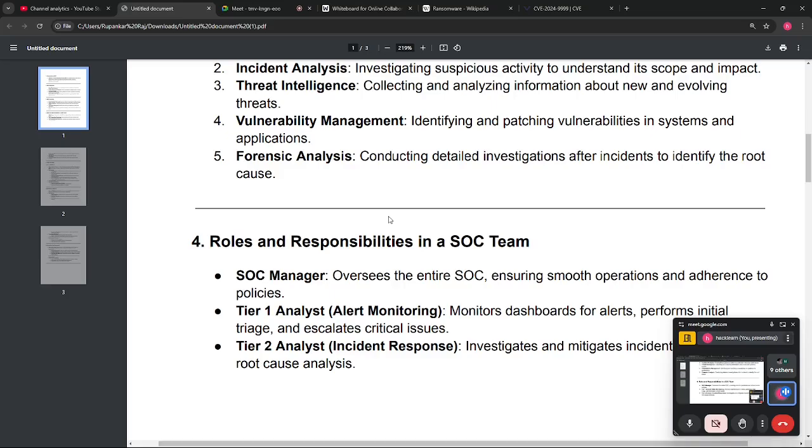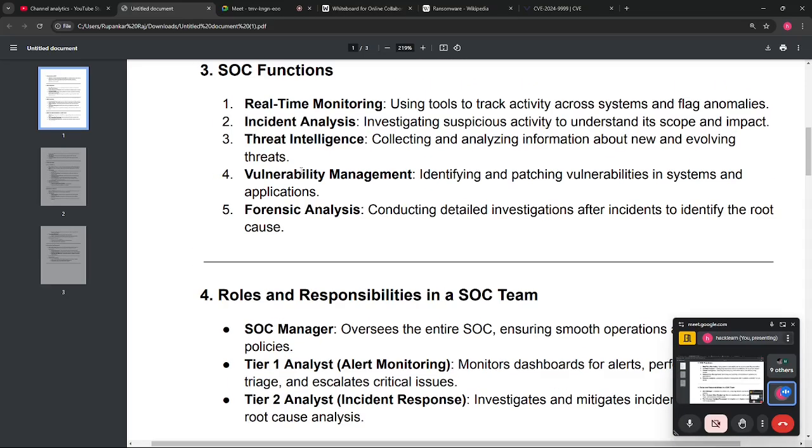If there is any ransomware attack, as a SOC analyst you have to do some reverse engineering of the malware to understand how it infiltrated the system. If you get some insight, it will help harden the defense and prevent certain upcoming attacks. So that's why forensic analysis is also very important.